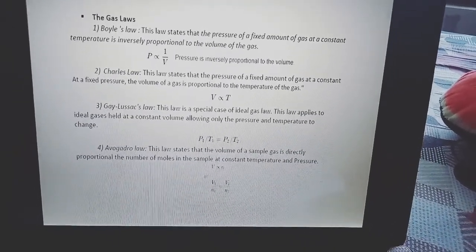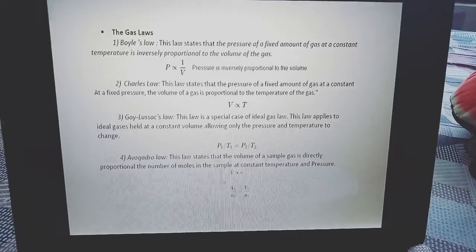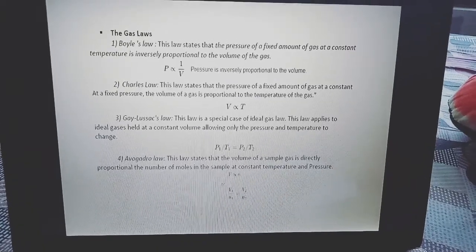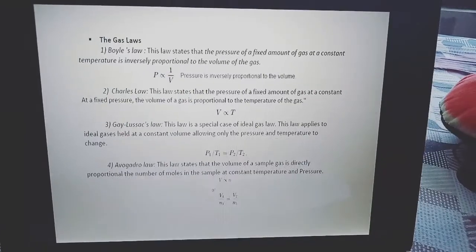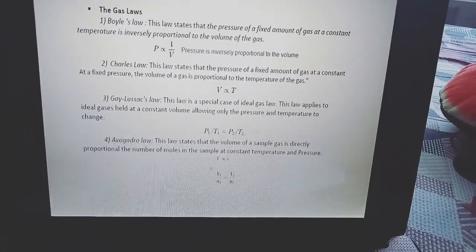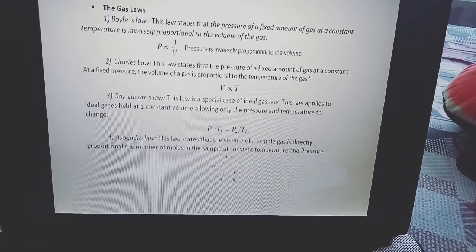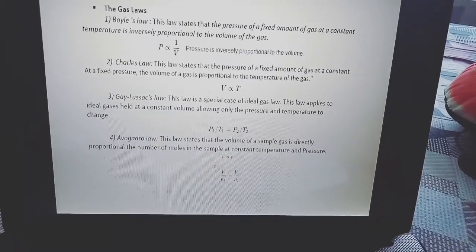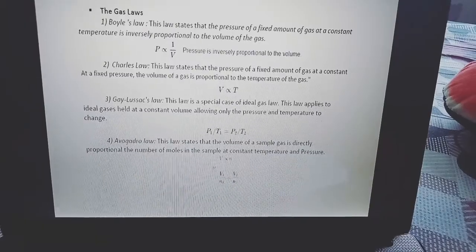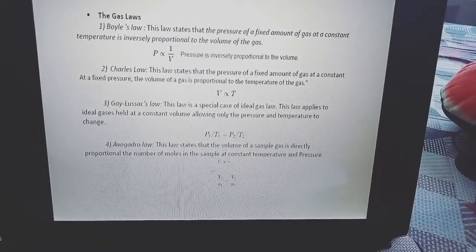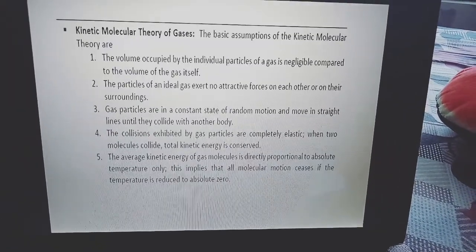This law states that the volume of a sample gas is directly proportional to N, that is the number of moles in a sample at constant temperature and pressure. Means V is directly proportional to N, or V1 upon N1 is equal to V2 upon N2.